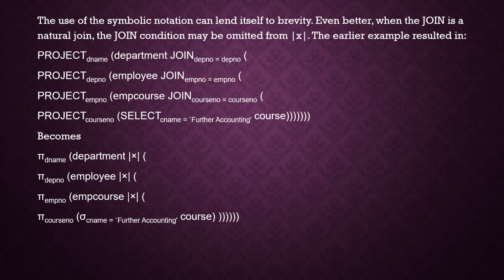Again, we use the same thing: pi department number employee join, pi EMP number EMP course join, pi course number sigma CNAME, here sigma represents the select operation, CNAME equal to further accounting and course, and again we have to close all the parentheses. So these are about using symbolic notations to represent queries in relational algebra.